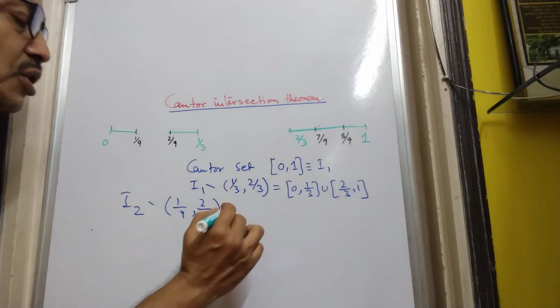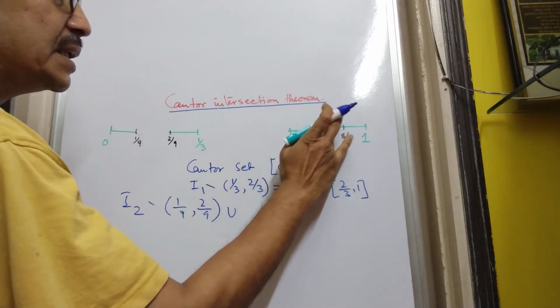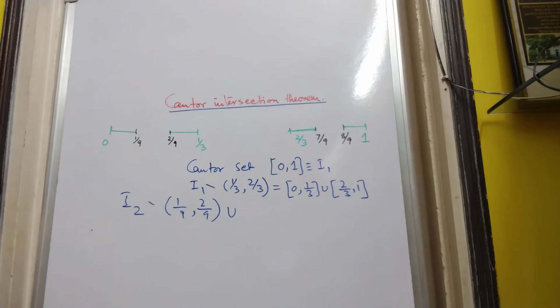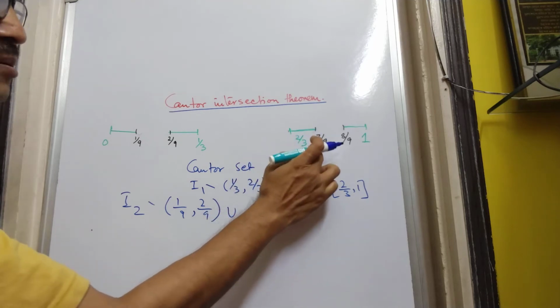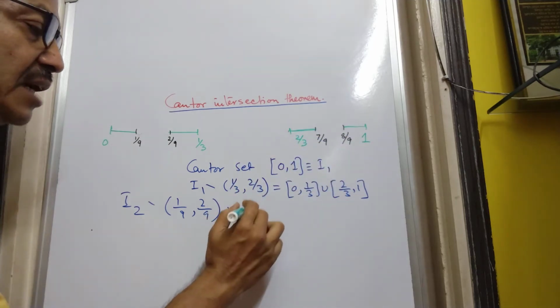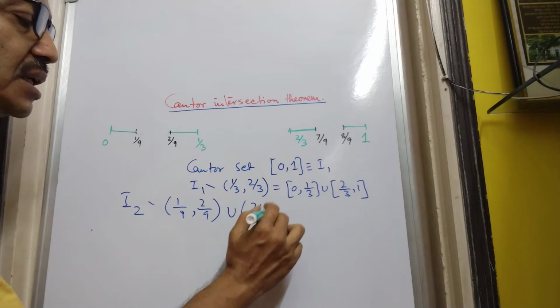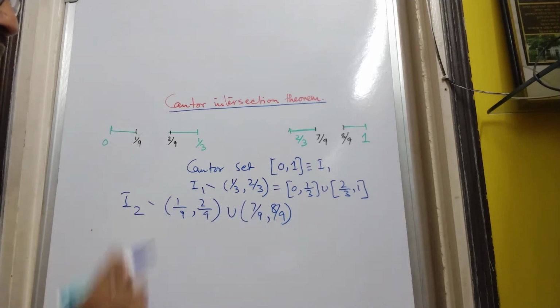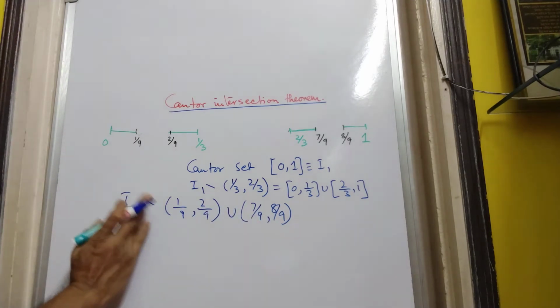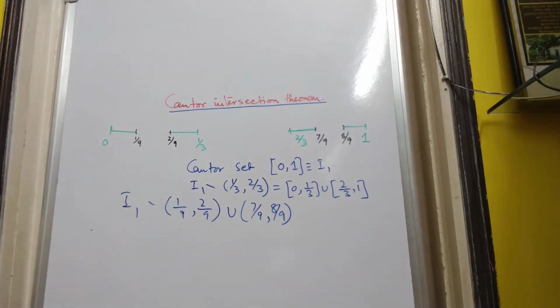And we also remove the middle third of the other closed interval. So this is 2 by 3, meaning 6 by 9, so this is 7 by 9, and this is 8 by 9, and we remove the portion 7 by 9 to 8 by 9. This is the open set, and we remove it from I1, and we get I2.